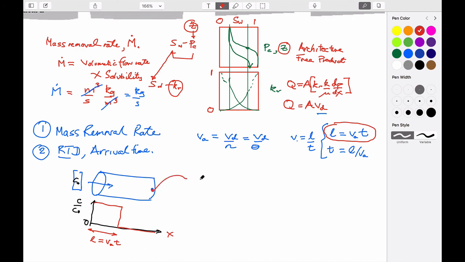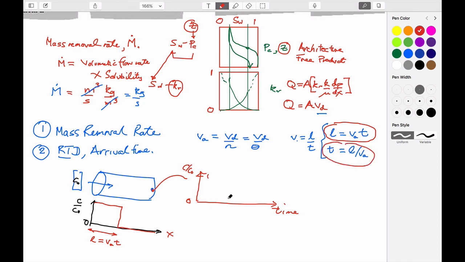And if you looked at what the RTD curve was, it's supposed to be vertical, the same relative concentration between 1 and 0, where this now is time. It would just be the converse of this.